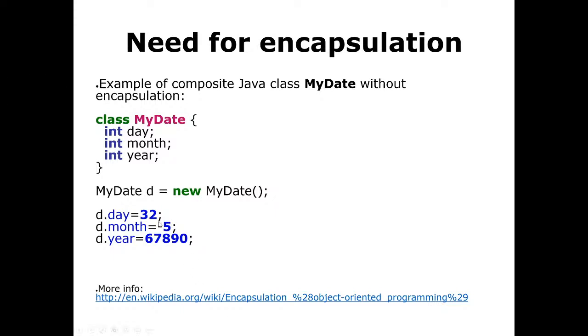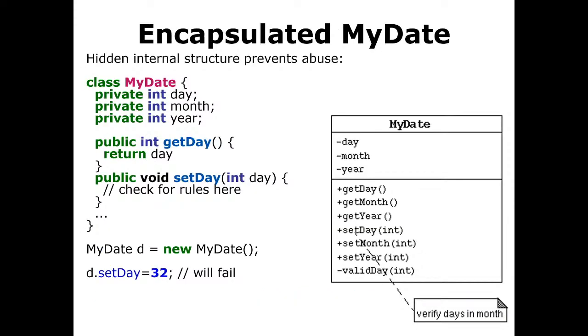If we don't have the encapsulation, we can provide some very strange values for the date, and it doesn't make sense if we do it this way. There's no validation and nothing good here. Right. And yes, if we have the methods, then we can actually check the values provided, and it's easy to do.